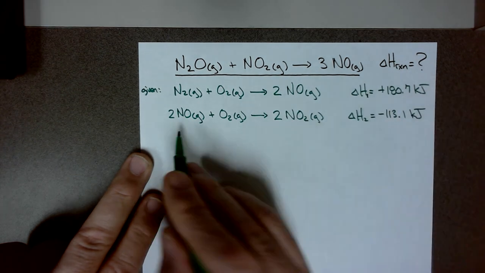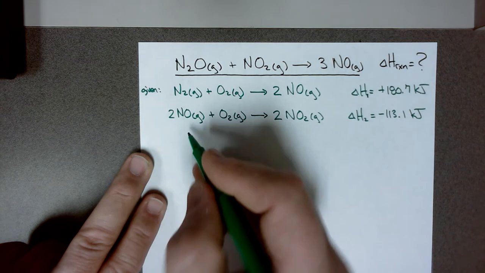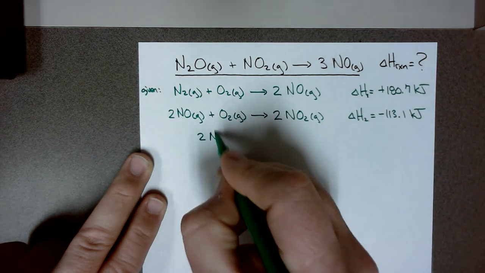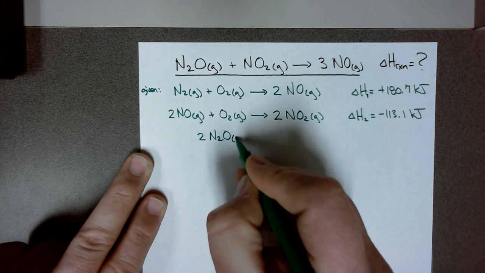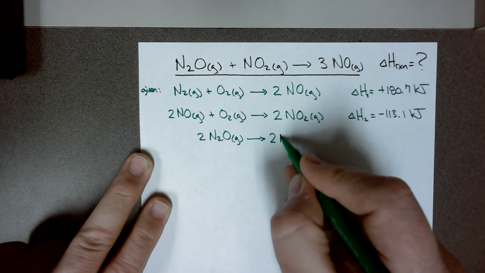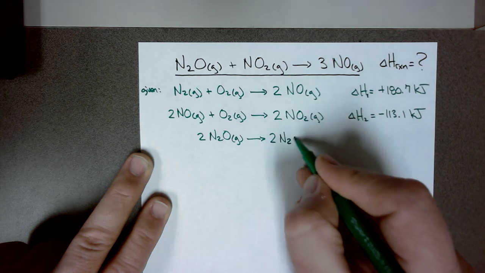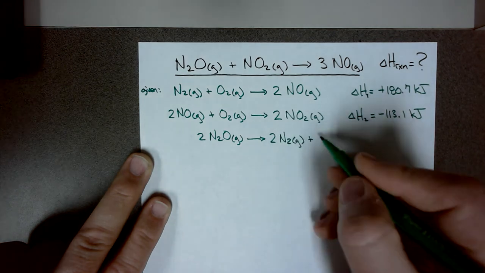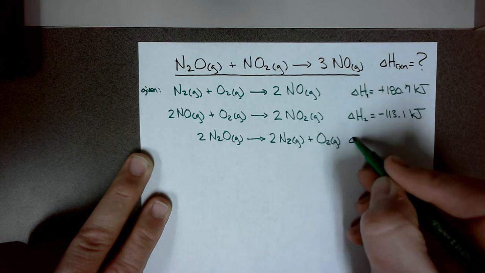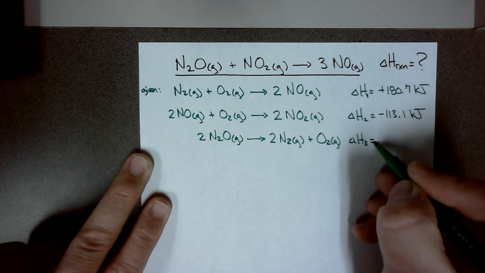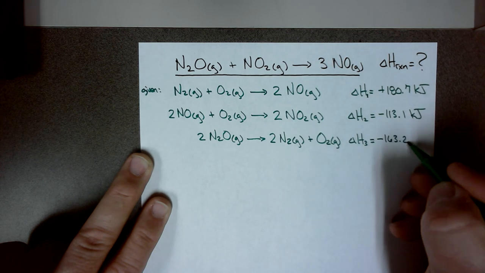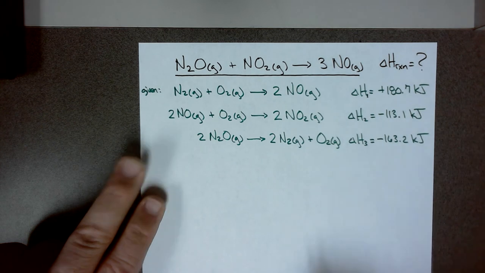And then my third reaction that's given is 2 moles of nitrogen dioxide gas produces 2 moles of nitrogen gas plus 1 mole of oxygen gas, and it has a delta H value of a negative 163.2 kilojoules. Okay, so those are the given ones.